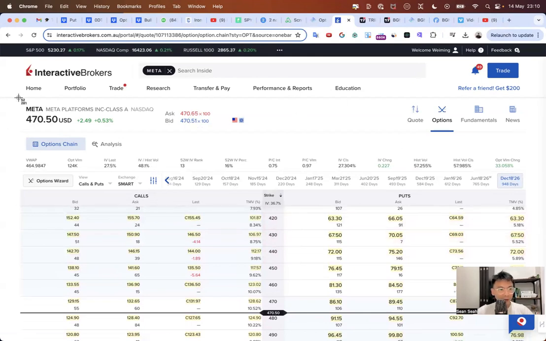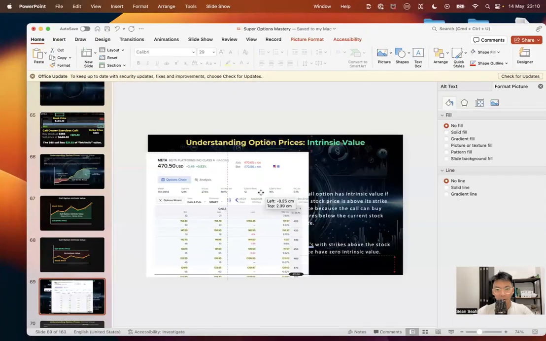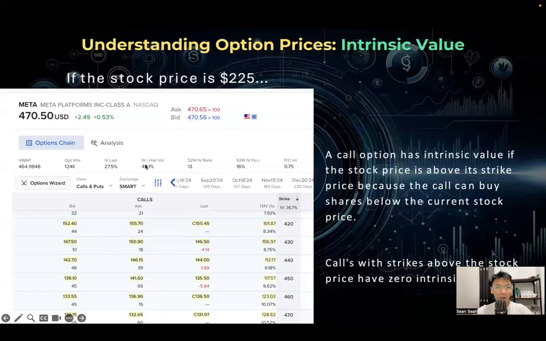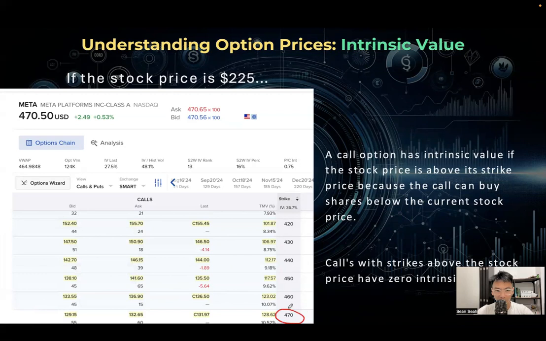I'm just gonna cut this whole thing here. Now it's 470.5. I'd rather show you the real life example right now so it becomes very clear. So if it's 470.5 now, a 470 option, a 470 strike price call, what is the intrinsic value?